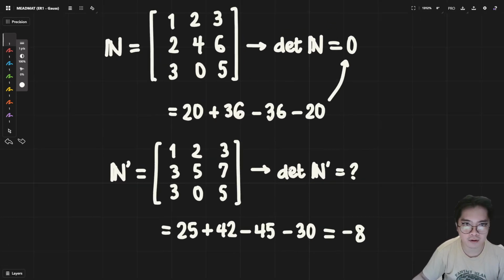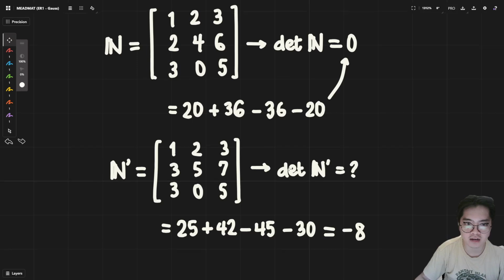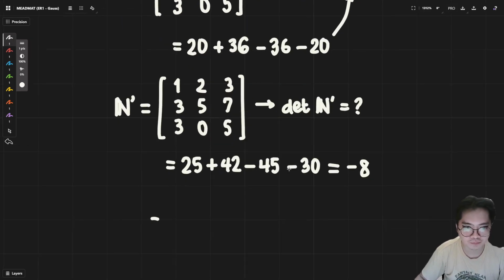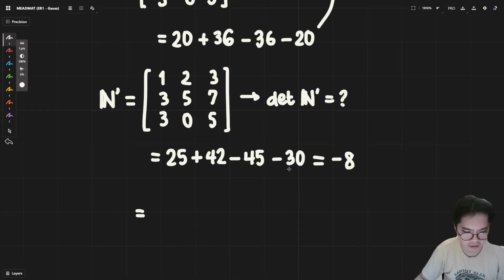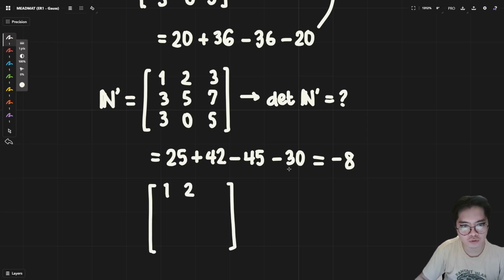If we remember that this is 2, 4, 6, and then this is now 3, 5, 7, what if we were to look now into another matrix? The other matrix that I would like to show you is 1, 2, 3, 1, 1, 1, 3, 0, 5.